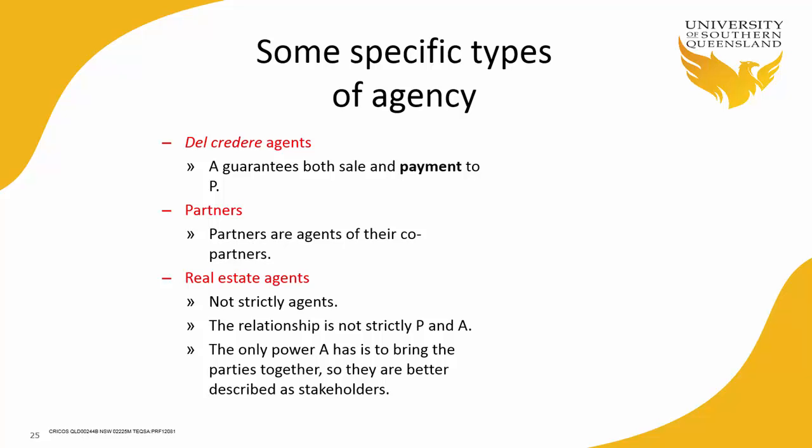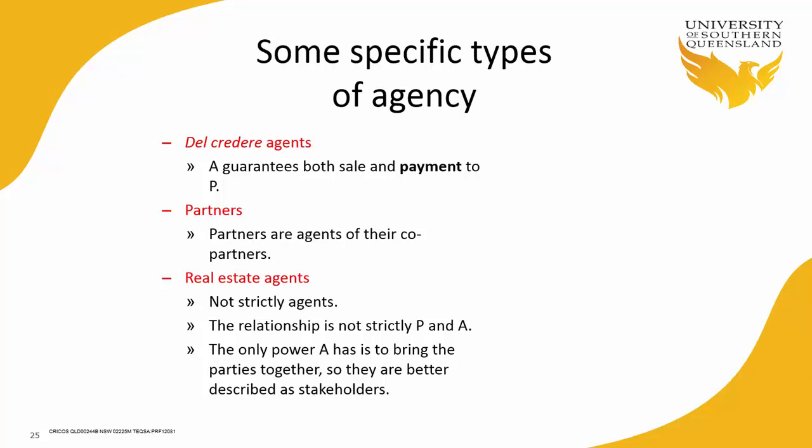As it says on page 138, the term really is a misnomer because, strictly speaking, real estate agents are not actually agents because there is no relationship of principal and agent. So it says, as a general rule, the real estate agent is merely authorized to find a purchaser and is not given authority, either actual or apparent, to enter into a binding contract on behalf of the vendor.